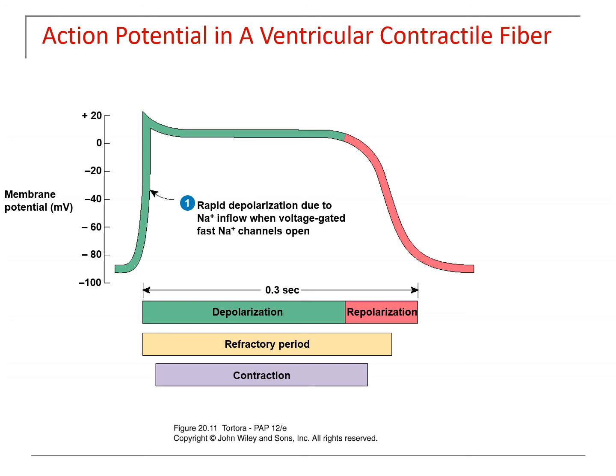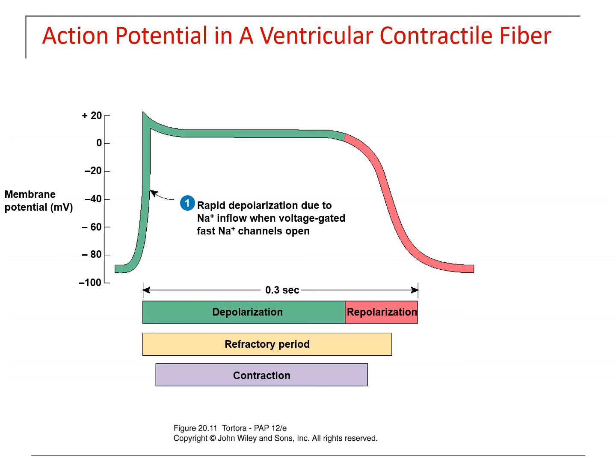So in this slide, we have the action potential in a ventricular cardiac myocyte or a ventricular contractile fiber. The signals that arrive from the sinoatrial node cause the opening of voltage-gated sodium channels in these ventricular myocytes that lead to a rapid influx of sodium and a sharp or rapid depolarization.